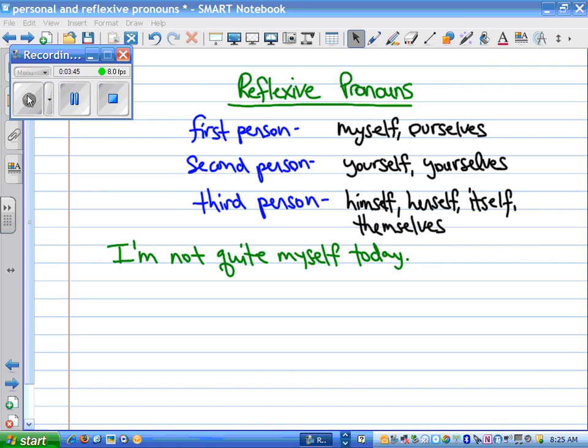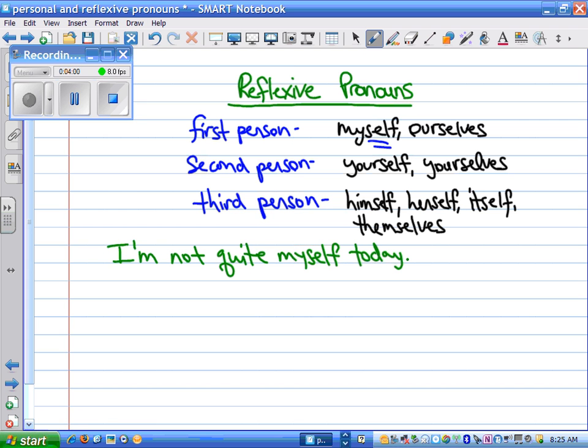Next, let's talk about our reflexive pronouns. Again, we have first, second, and third person pronouns. And these pronouns are very easy to identify because they either are going to end in self or they're going to end in selves. And notice that pattern holds true all the way through.